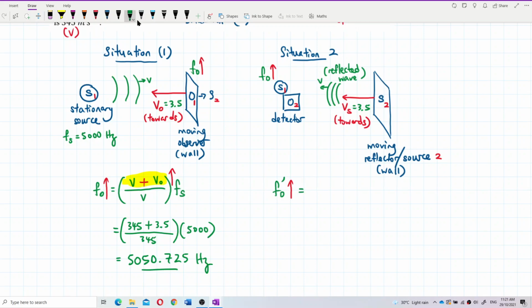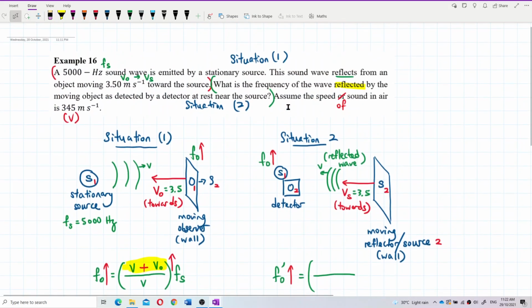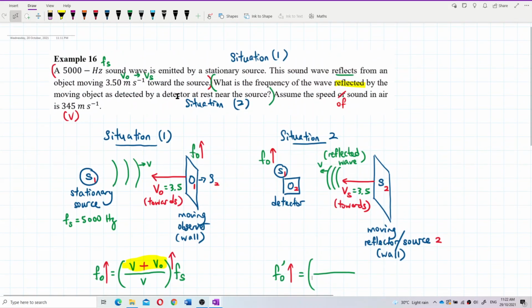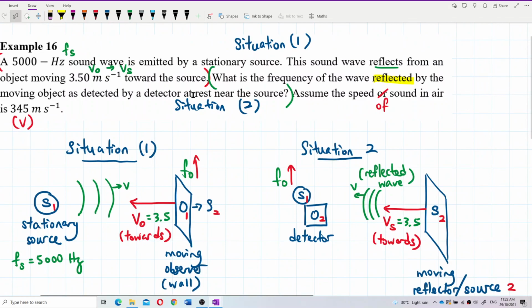Now, what's the equation? Let's write down the equation. Do we have VO? Last time we had VO, now do we have VO? Is the observer moving? No, the detector is stationary, at rest.